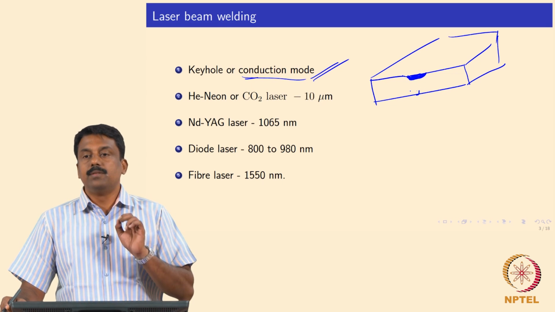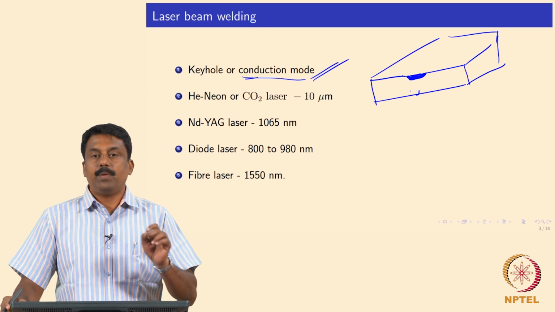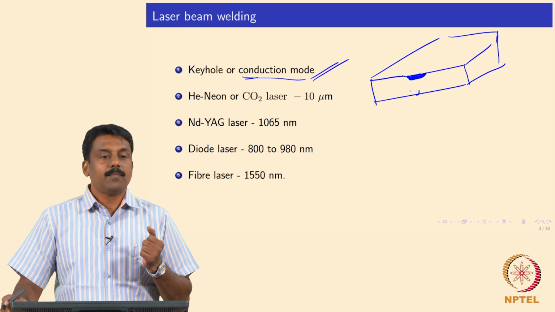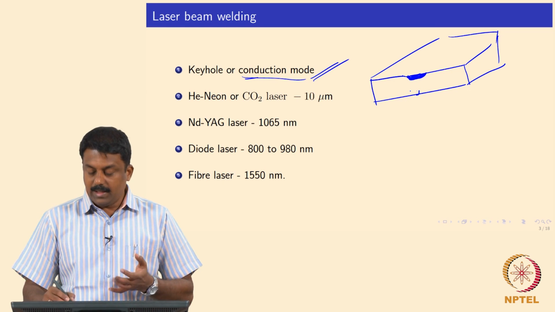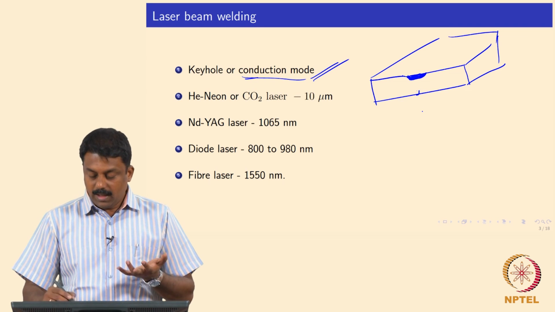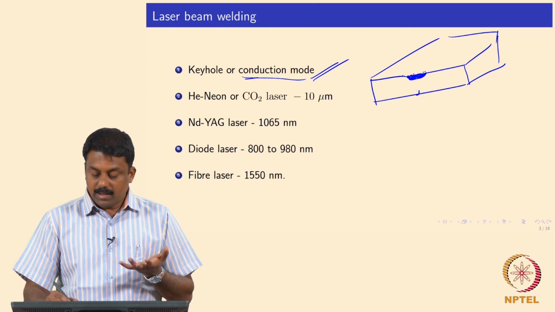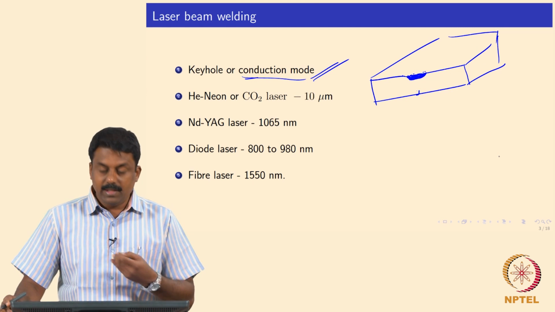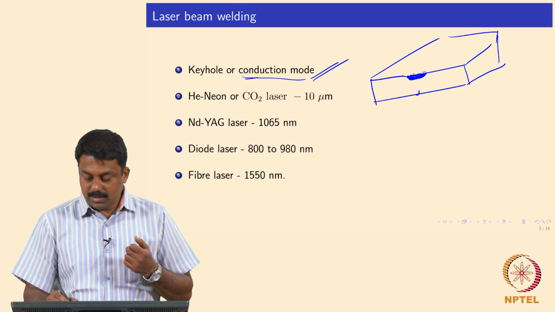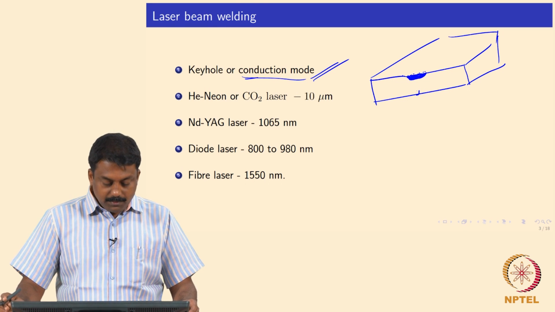For example, you want to alloy or change the surface condition, or you want to deposit a powder onto a surface, as in cladding. In that case you do not need to melt the entire cross section. You may use a very low power or defocused laser, and then you melt the powders and deposit them on the top surface. The laser can be used in conduction mode in that application, so that you melt only the top surface.